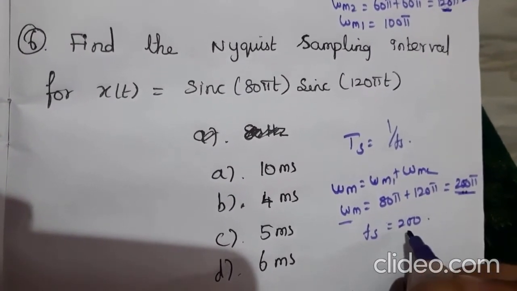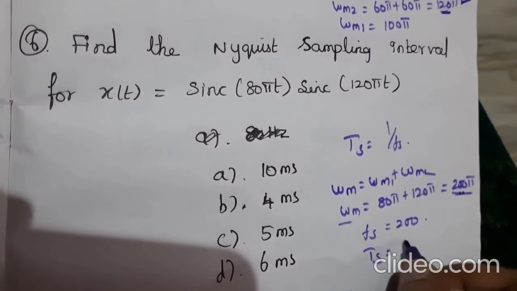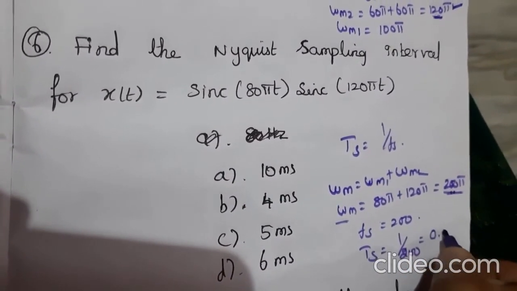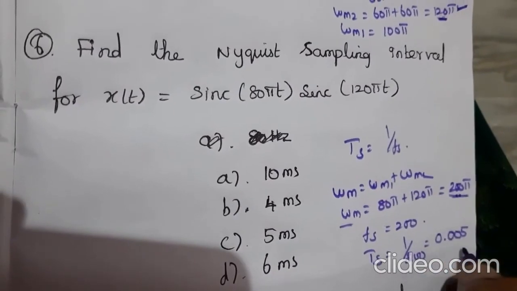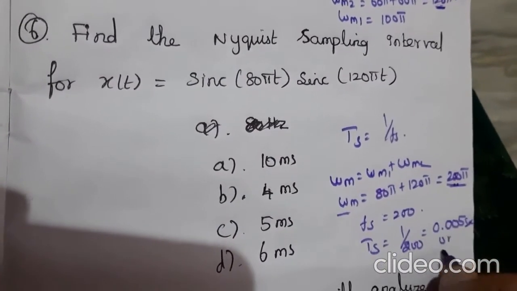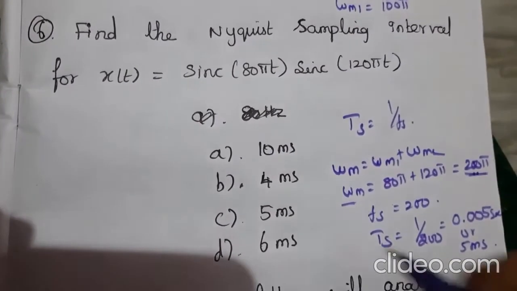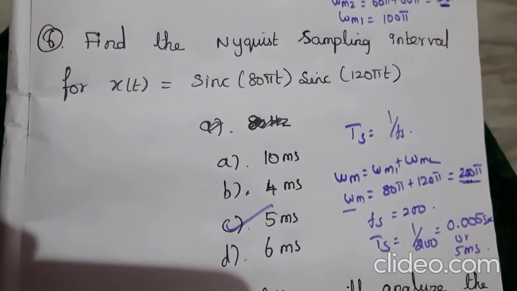So the Fs value here is 200. From that we can find Ts, that is 1 divided by 200. So we will get 0.005 second or 5 millisecond. So here the answer is C, 5 millisecond.